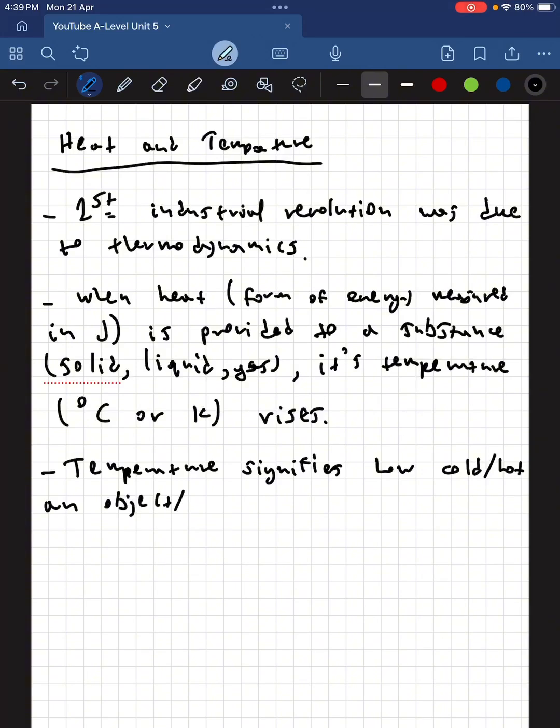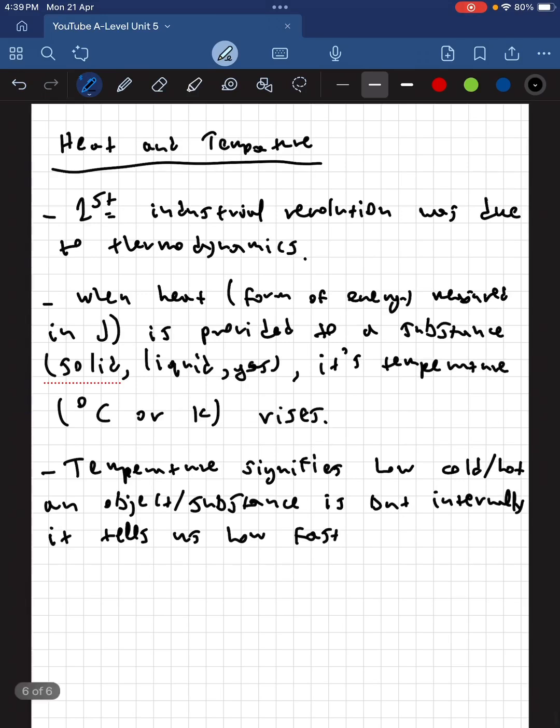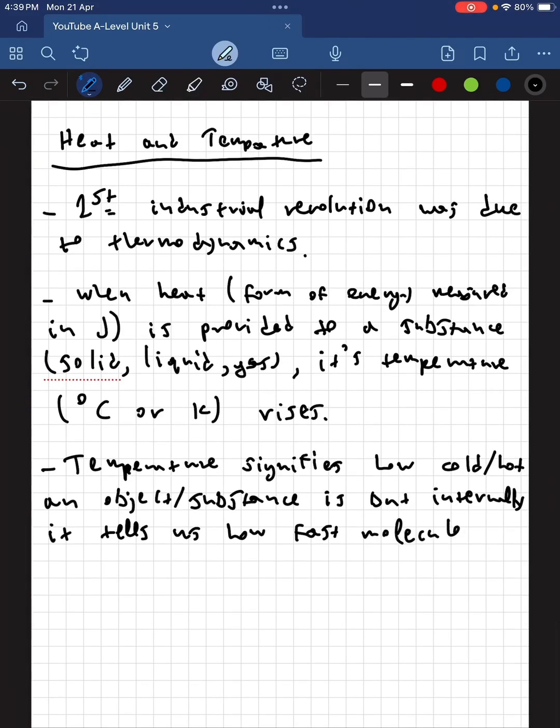So an object or a substance is, but internally. If we look into the internal structure of the object, internally it tells us how fast molecules vibrate.